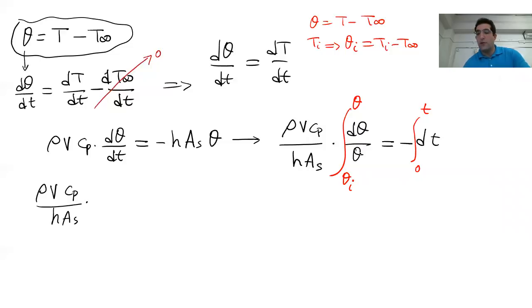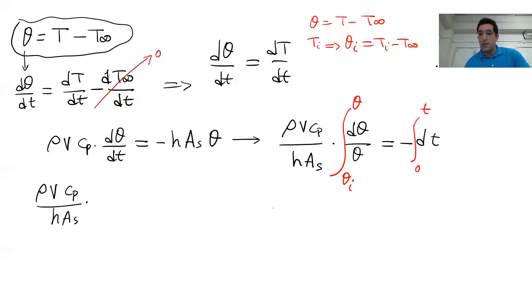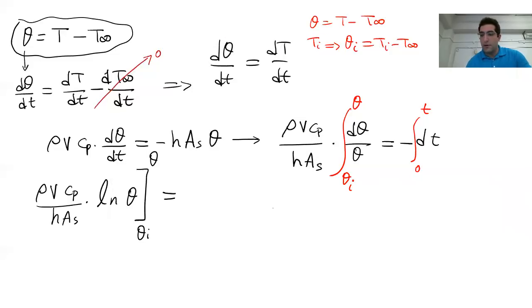The integral of d theta over theta, or the integral of dx over x, is the natural log of the variable, in this case theta, changing from theta i to theta, equal to the integral of dt, which would be simply minus t from 0 to t, which becomes minus t again.